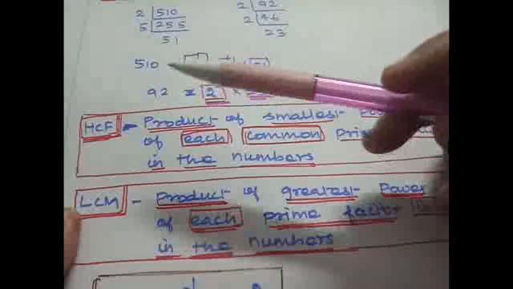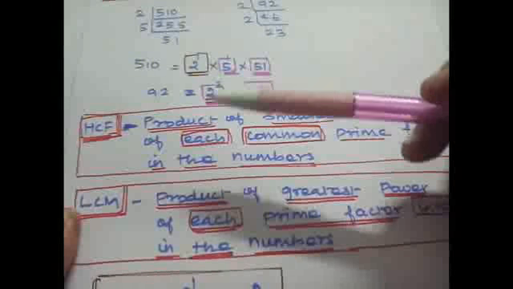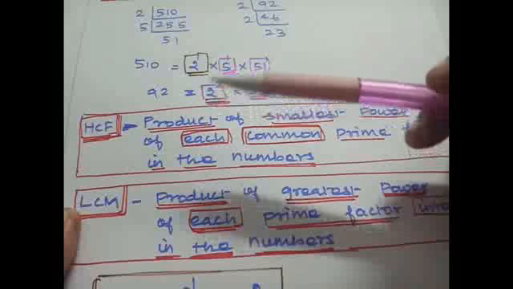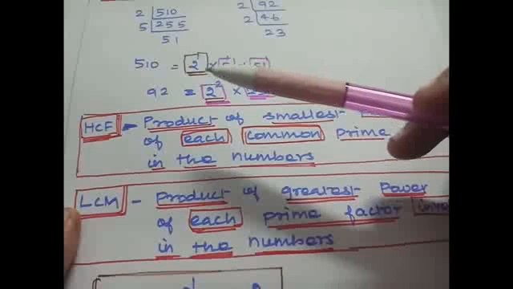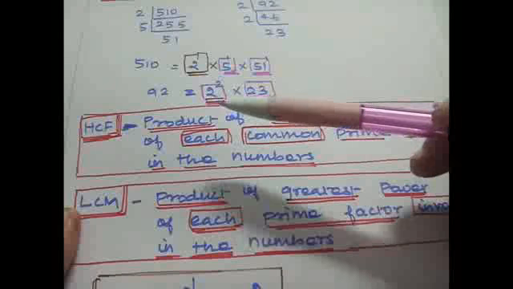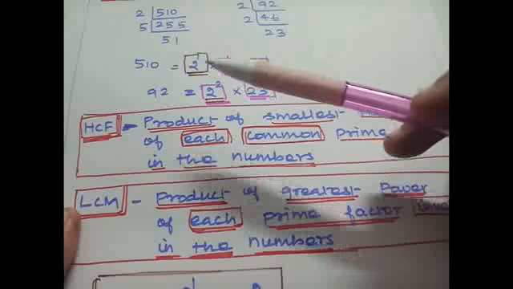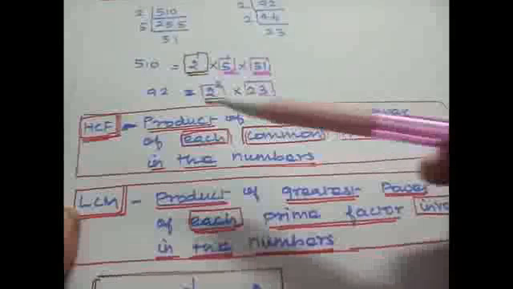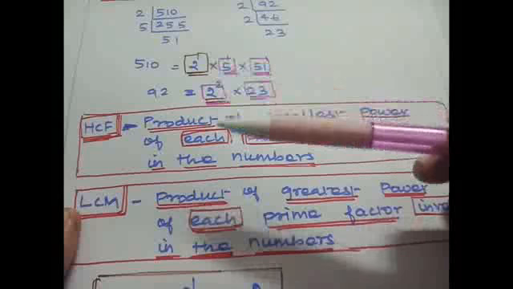For these two numbers, the common factor is 2. For this common factor, I have to take the smallest power. Here it is 2 power 1, here it is 2 power 2. Which one is the smallest power? 2 power 1 is the smallest power. That I have to take for HCF. So I have to take the smallest power for common numbers.